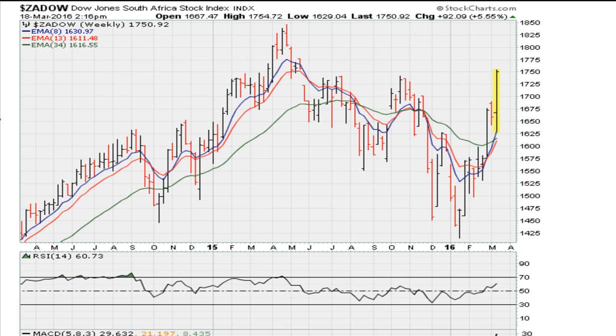Take a look at the weekly, and the weekly here is moving very well since the lows of January. Nice recovery, in fact very strong recovery, but now coming back to challenge the break point. So it broke down here, and this break point on the RSI in May 2015 brought the market off these highs, and so we are coming back to challenge that line there.